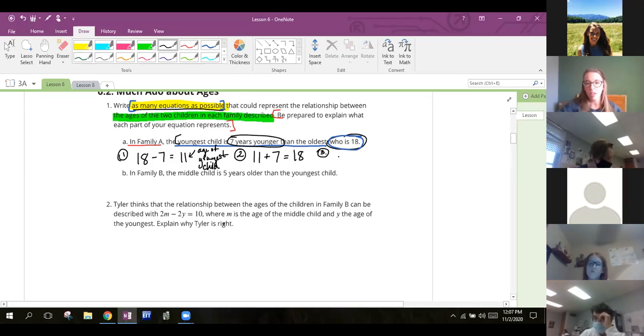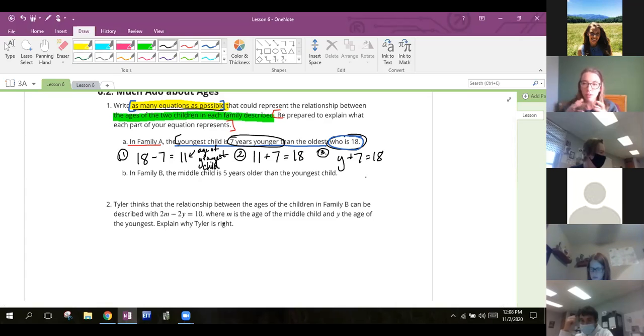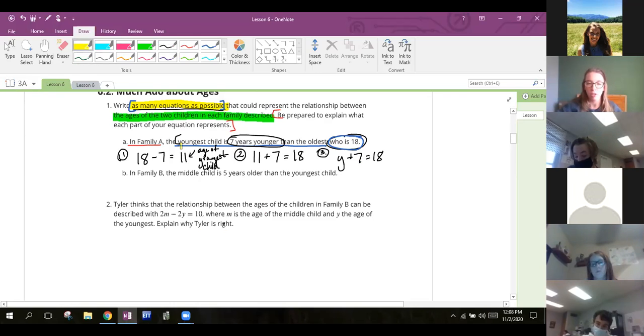You would have to do the youngest plus 7 would equal 18, not the youngest plus the oldest. This one would be another one. The youngest plus 7 equals 18. If you put the youngest plus the oldest, it would give you their total age combined, but that isn't what this particular question is talking about. It just wants equations that represent this relationship.